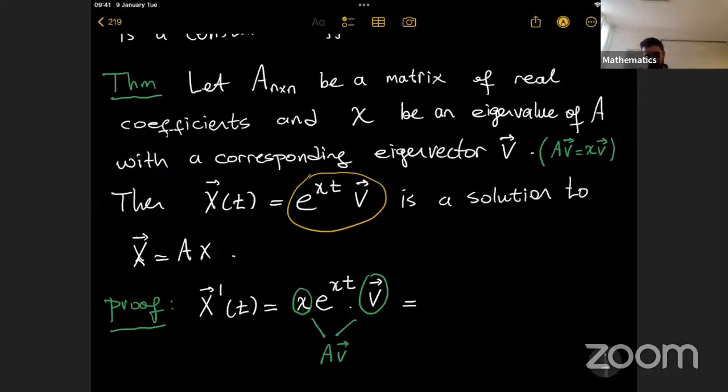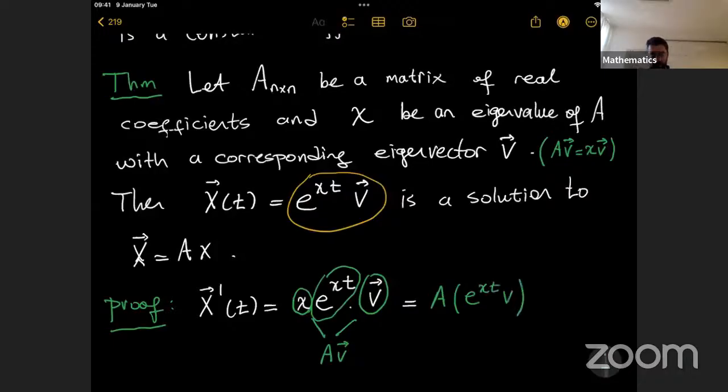So it is basically A times, you can write it like this. This is a scalar function. You can put it inside the multiplication with the matrix. So it's going to be e to the lambda t times v.